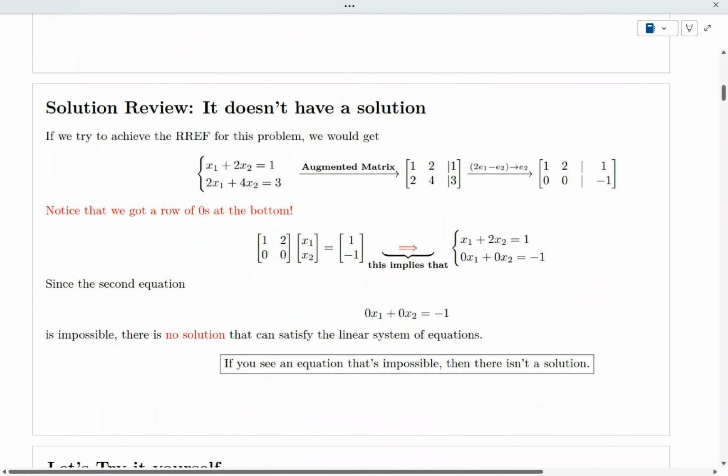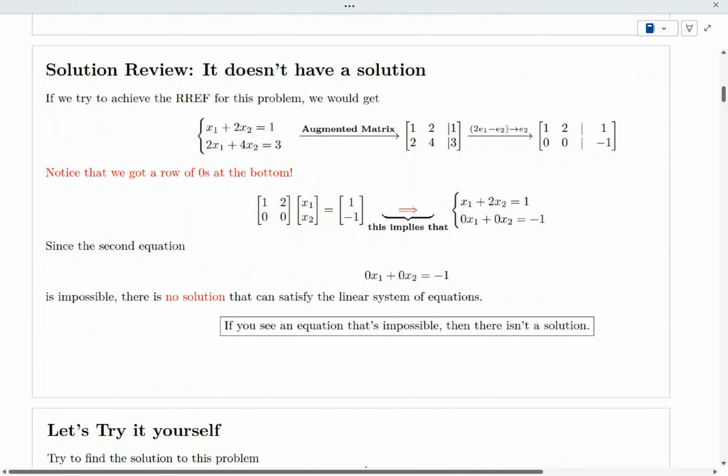Okay, so with the solution, we remember that what we tried to do from last class is reach this thing called RREF, where the upper triangle and the lower triangle are zero. However, notice that if you simply do one operation, you end up getting a row of zeros, so the diagonal element there is also zero. Now, that's not really a problem.